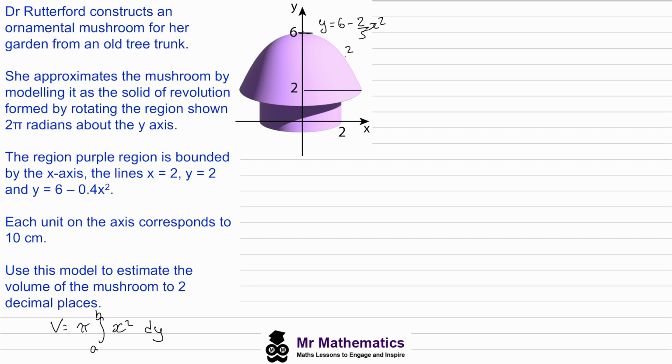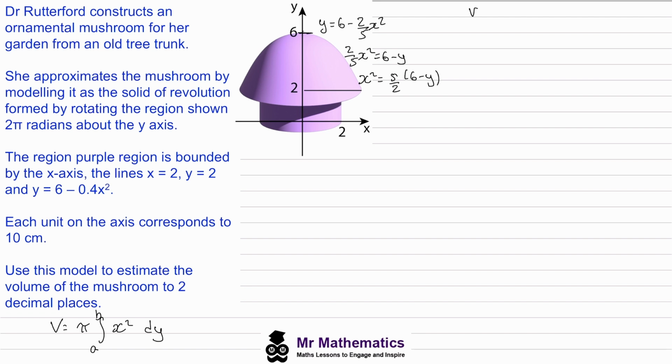So we'll get 2/5 of x squared will equal 6 minus y. We can reciprocate this 2/5 to the right hand side. So x squared will equal 5/2 multiplied by 6 minus y. And then we can substitute this expression for x squared into our equation.